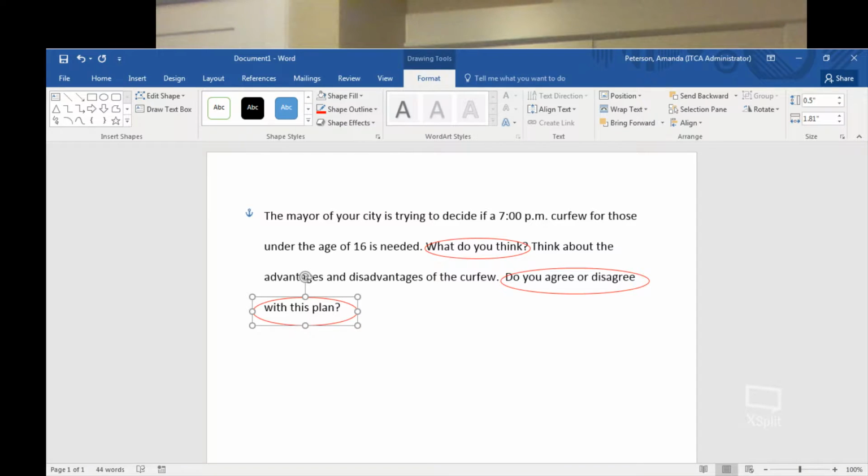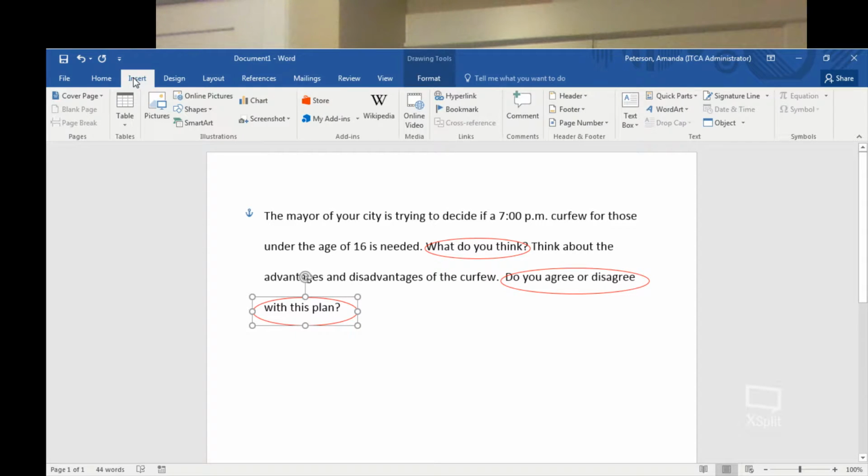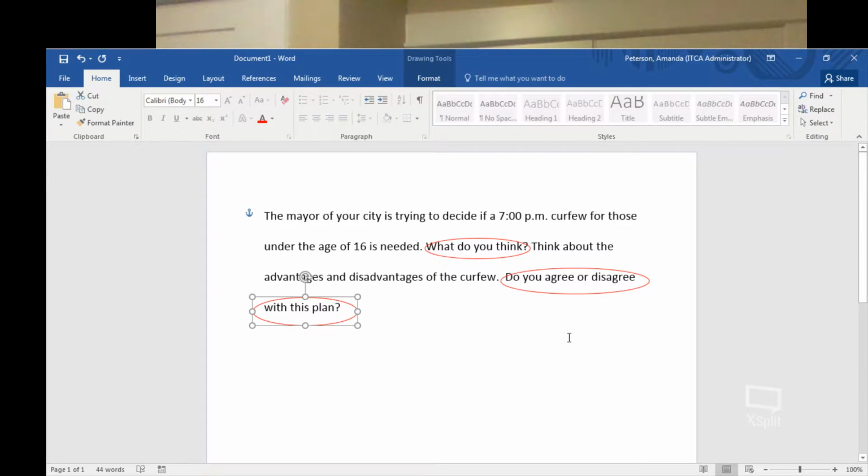Okay, pretty simple. Step 2, cross out the distractors. If it isn't a question or directions, it is considered fluff. So we are going to cross it out.